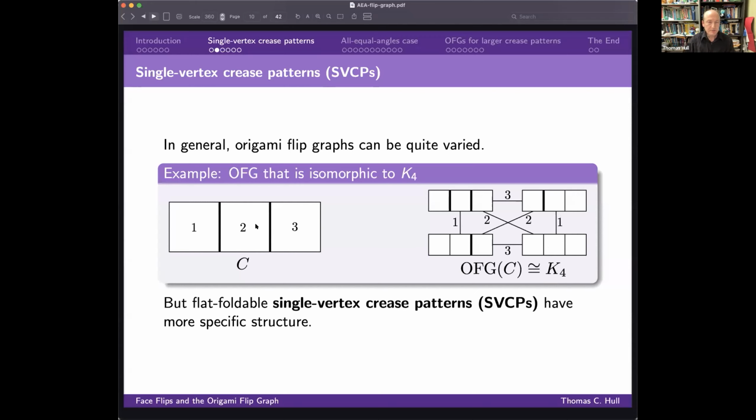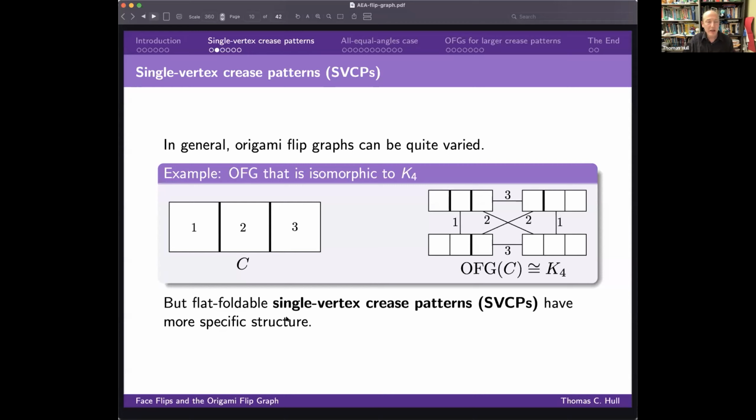For example, if I flip face 1, that just changes that crease. And if I then flip face 2, I'll move over here. But I'm showing this example to show you that origami flip graphs can have 3-cycles in them, or even be a whole complete graph, that is a graph with all possible edges.